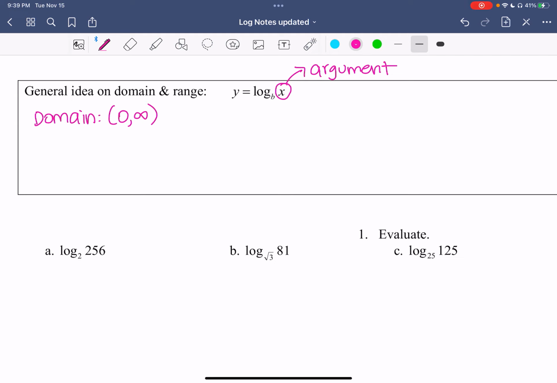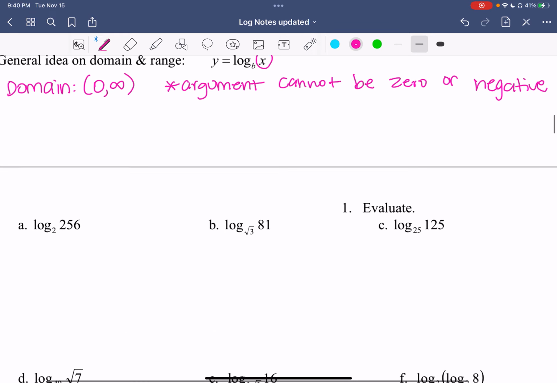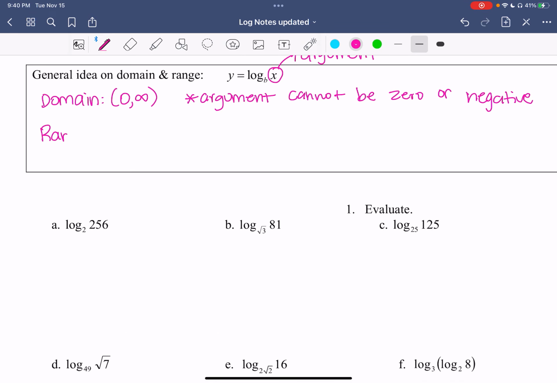I'll make a little note here so you don't forget: the argument cannot be 0 or negative. And then for the range, it's just going to be all real numbers, so negative infinity to positive infinity.